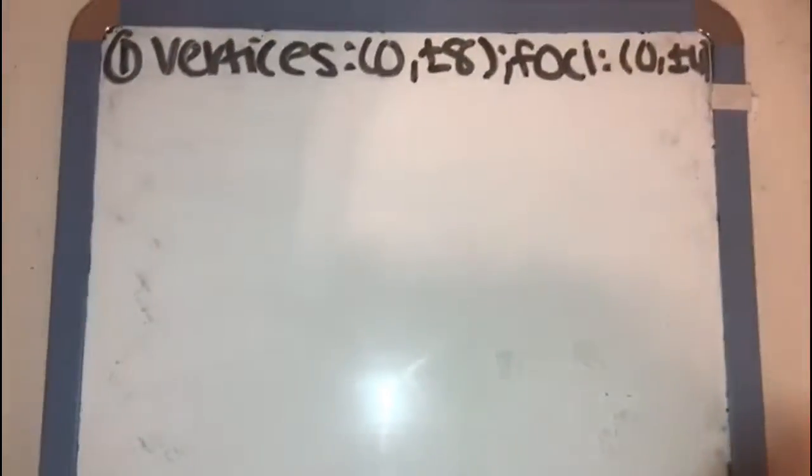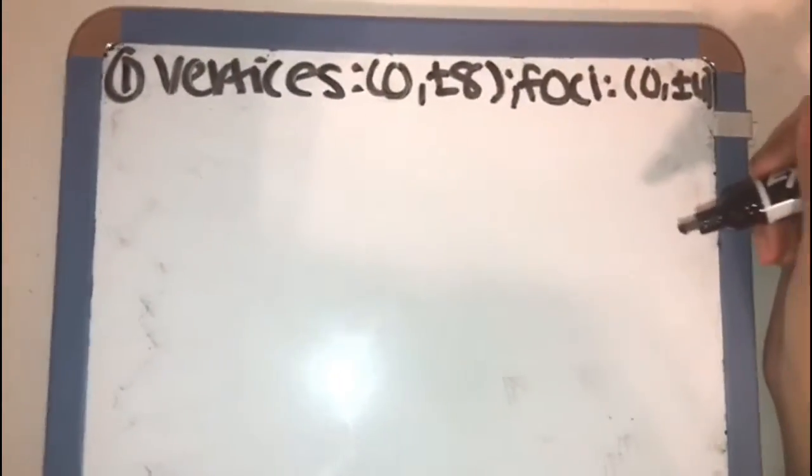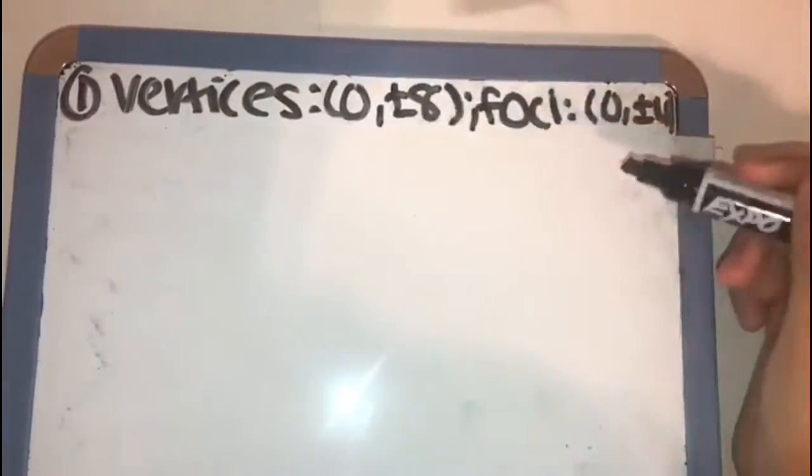So basically these are the main formulas that you will need to know when you get to the problems of ellipses. So let's get started with the problems. Okay, so this is the first problem of this topic, and it consists of vertices and the foci.